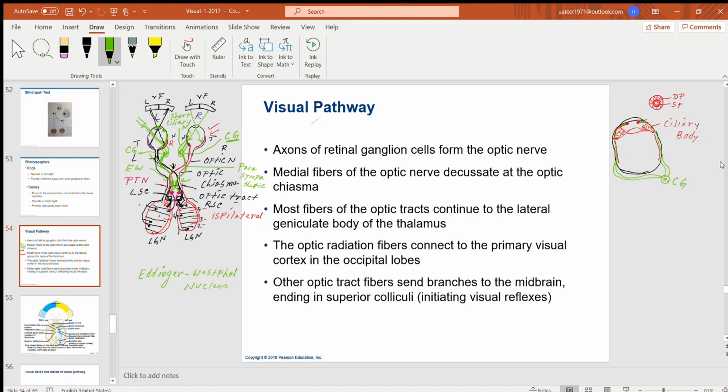Now when the light stimulates this parasympathetic innervation, what will happen? You see here, the ciliary body or ciliary muscle constricts. Now something interesting happens here. This end of the ciliary muscle is fixed, will not move, and this end is moving. Same thing here, this end is fixed and this part moves.